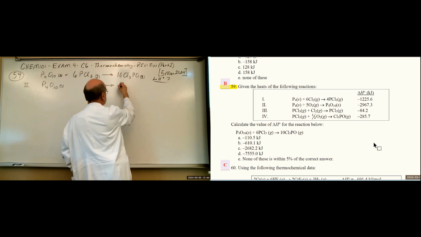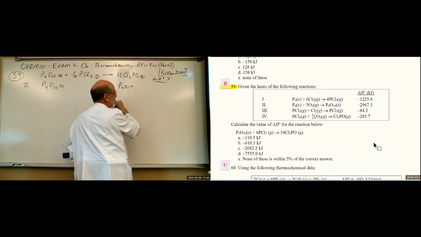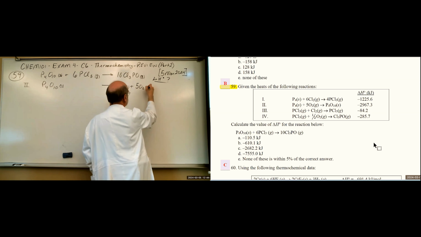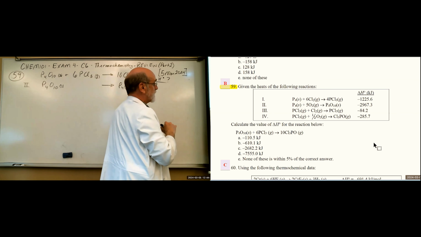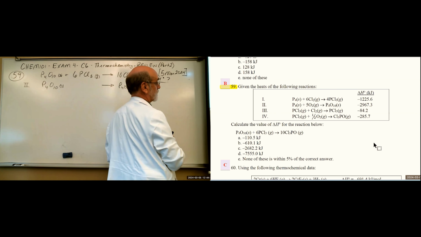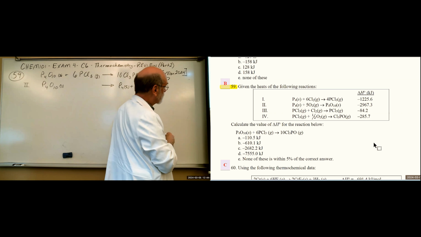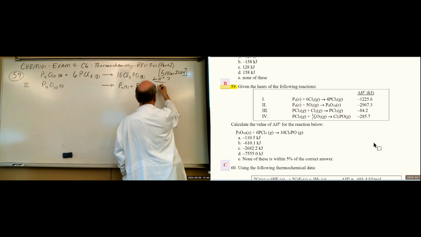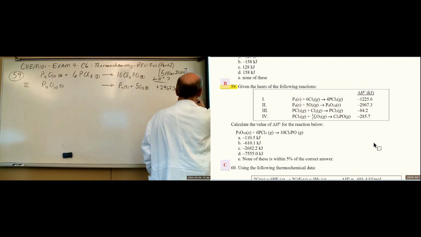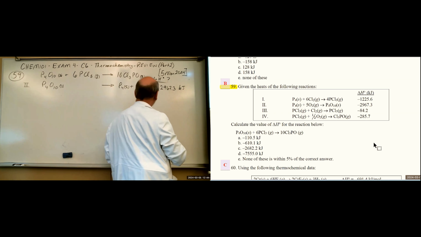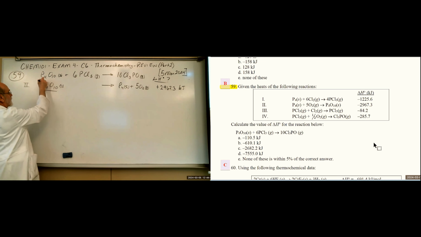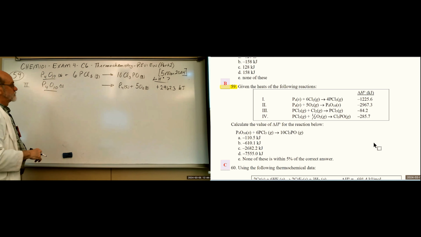P4 solid plus 5 O2 gas. Now, what does that do to the enthalpy? It just reverses the sign. So it'd be plus 2967.3. These are all in kilojoules. Okay, so there's your first one, and we got that one taken care of with this equation.